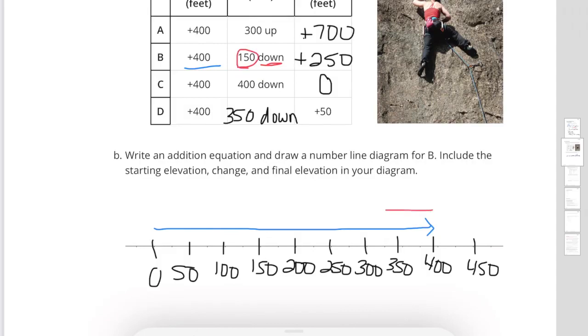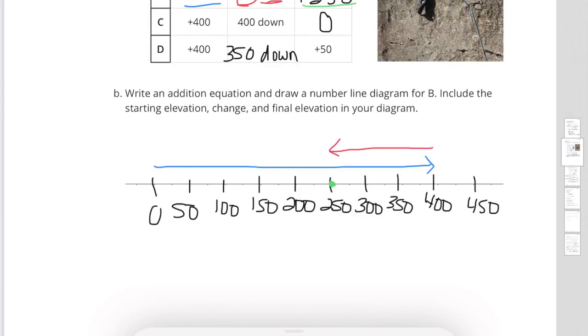So there's 50, 100, 150. So there's my amount of change. And I know my final elevation is positive 250 feet. So I can just place a dot on that point of the number line.